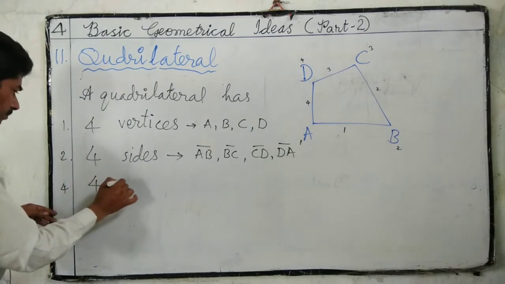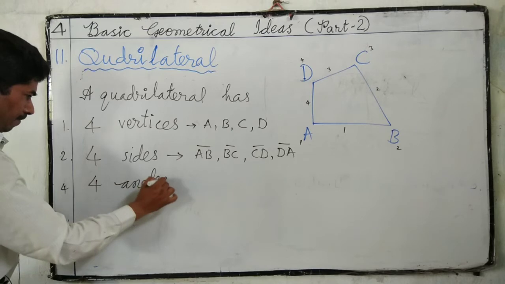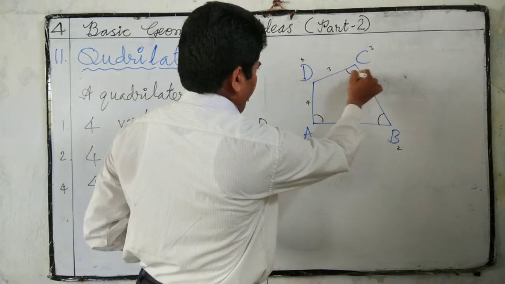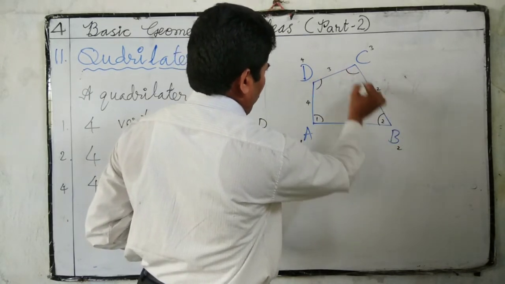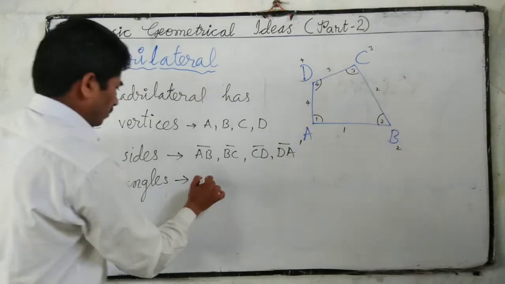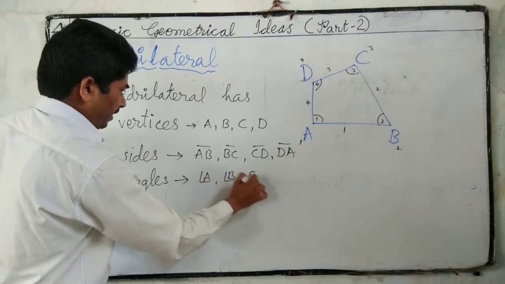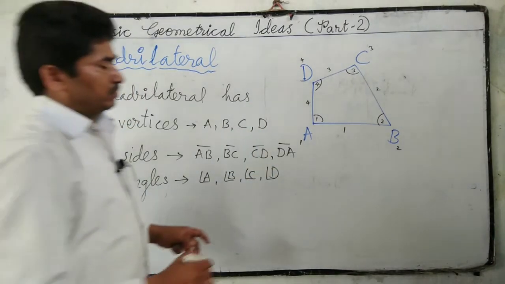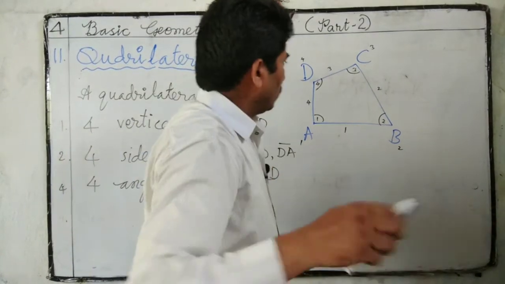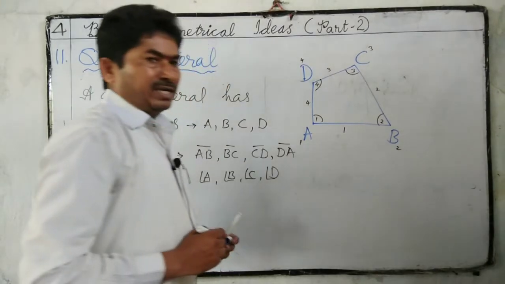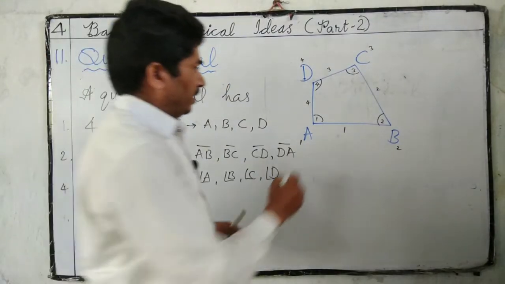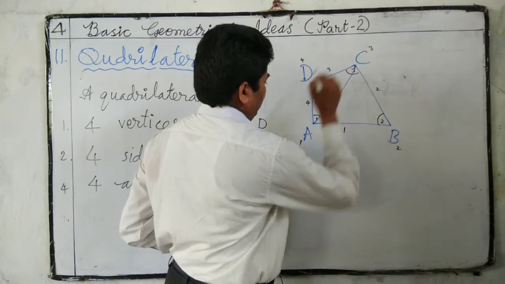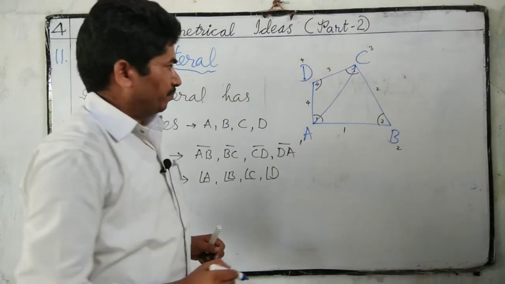It has 4 angles. They are angle A, angle B, angle C, angle D. And also it has two diagonals. What is a diagonal? If we join opposite vertices, then it is called a diagonal.